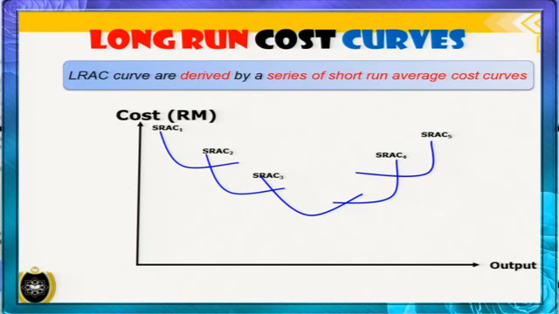In other words, long run average cost is derived from a series of short run average cost curves, and is also called the envelope curve, since it envelopes all the SRAC curves. LRAC is U-shaped since it reflects economies of scale when it has a negative slope, and diseconomies of scale when it has a positive slope.